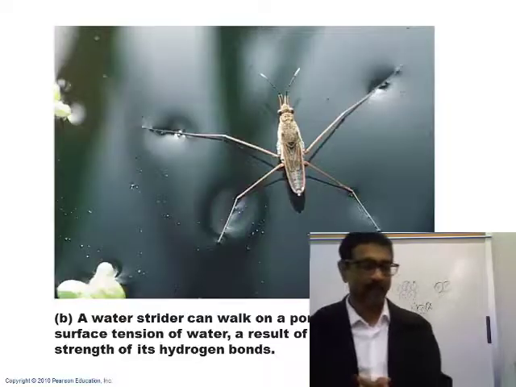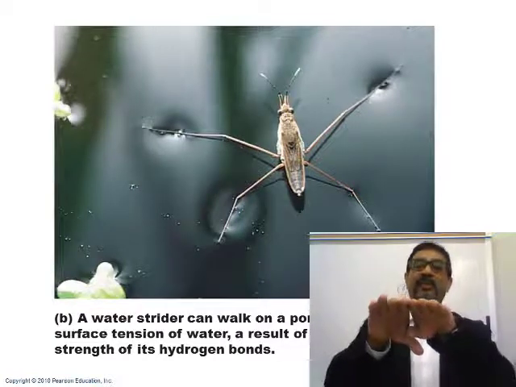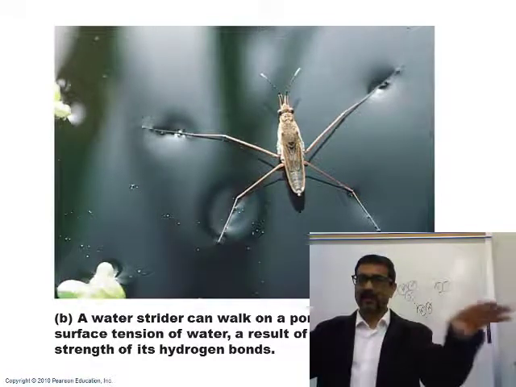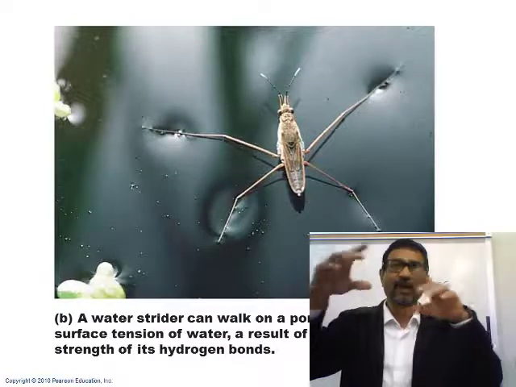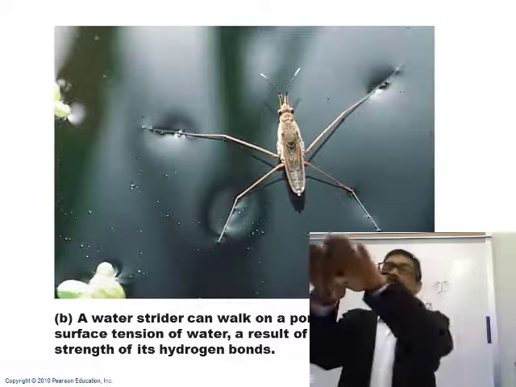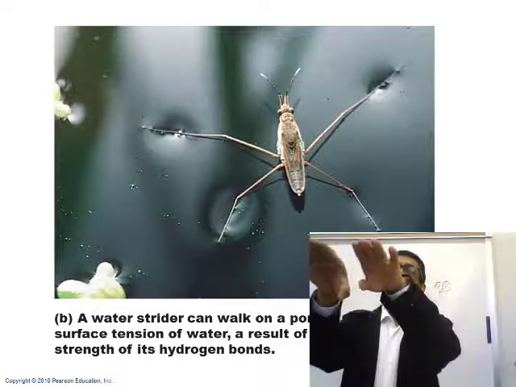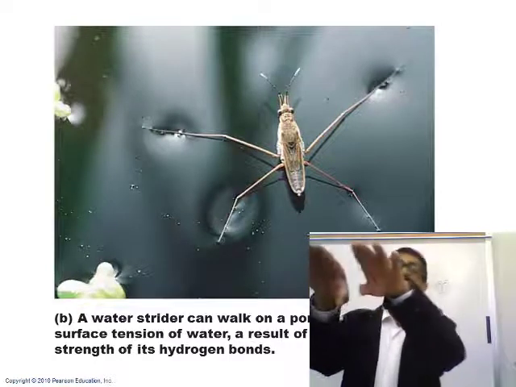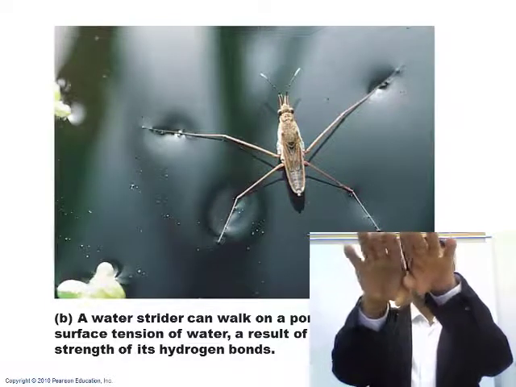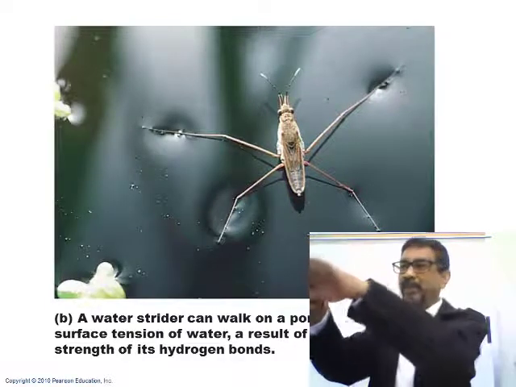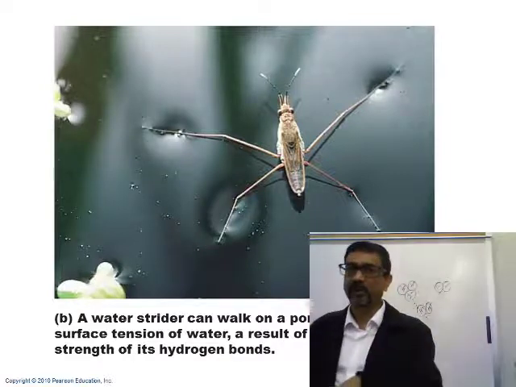Few examples: if you see a pond, sometimes you see small insects walk on the water, right? They can walk because of the surface tension of water. That surface tension is created by hydrogen bonds. The water molecules are attached to each other by hydrogen bonds.